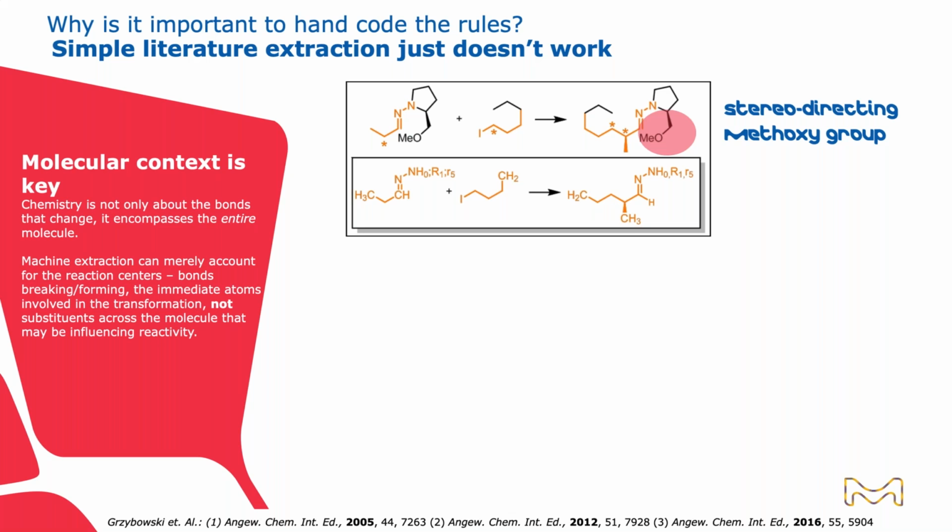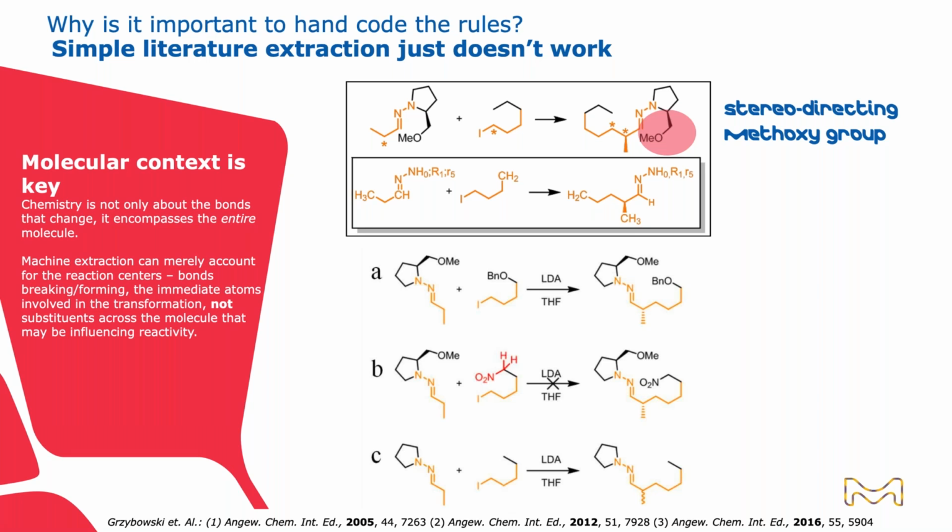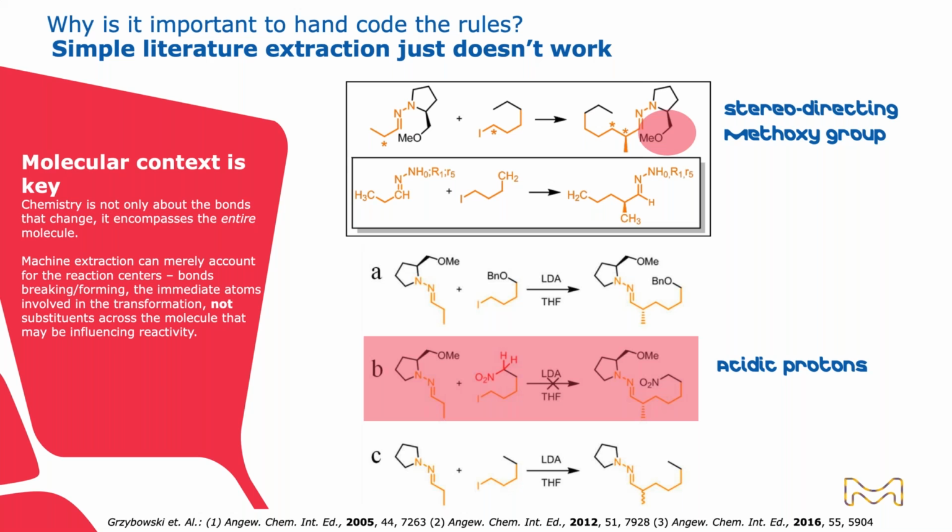So then when we try to apply this rule to other scenarios, if we have very similar substrates to the original literature record, like what's shown in A, it is able to correctly predict the product of the reaction. However, as soon as we start adding other groups, for instance, this example in B, where now there's this cross-reactive nitro group, it's going to create acidic protons.